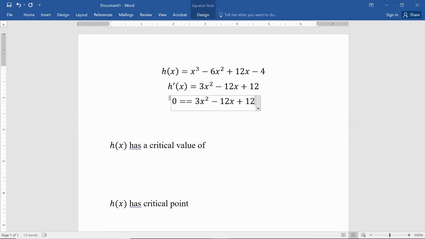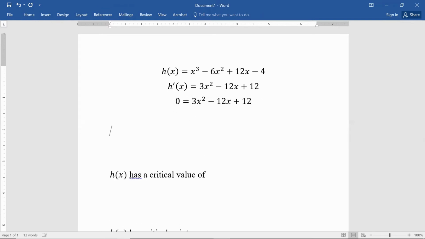And then we solve. This is a quadratic equation, so we can solve a number of ways. We can use the quadratic formula if we would like. What I am going to do is divide both sides by 3. I think that will be one of the easier methods.